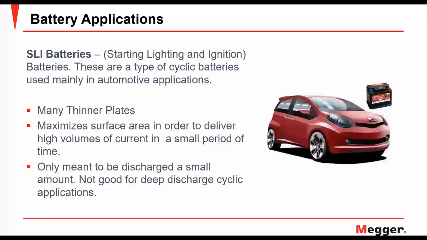These batteries are designed not to be charged and discharged rapidly for a deep discharge, but to be able to supply a huge amount of current for a small period of time to be able to start these cars. And also they are not designed to be deeply discharged, as it can really minimize their life cycle pretty drastically.